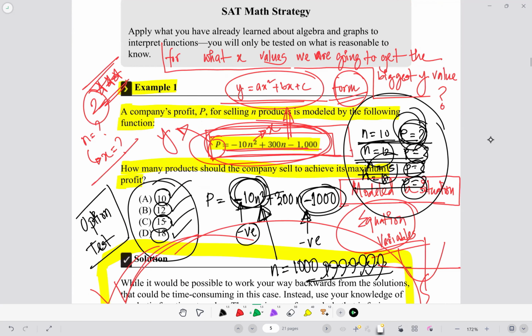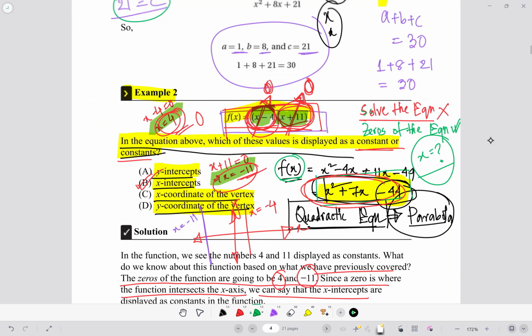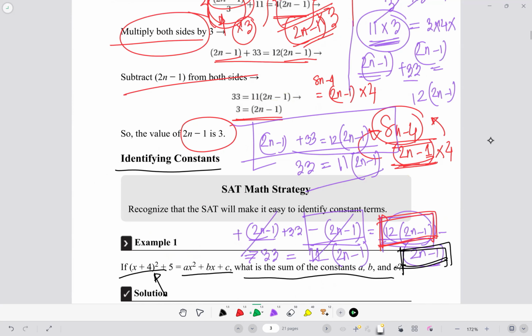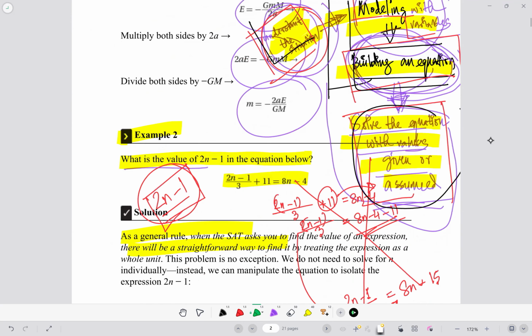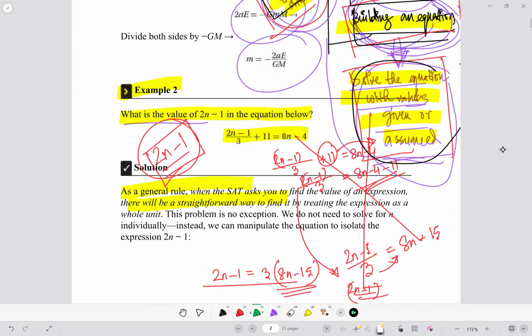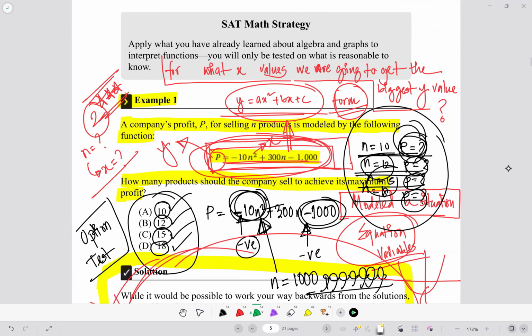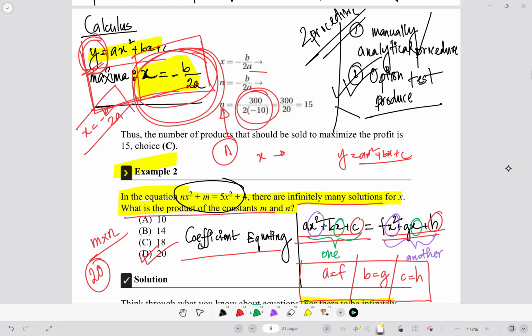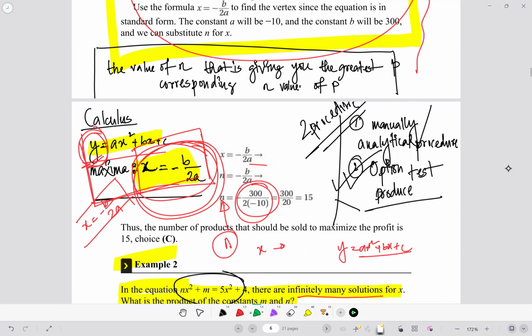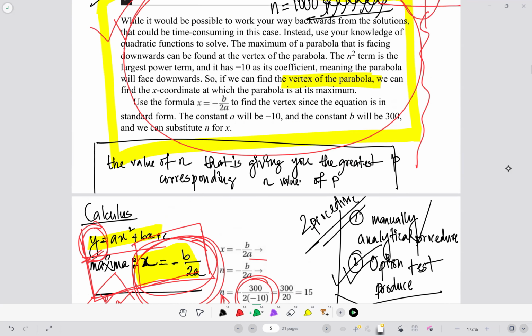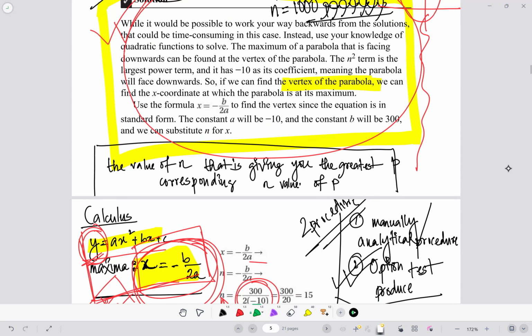I told you this is the most important chapter in SAT Math, and the most time-taking chapter to understand, because it's a tremendous chapter. Anyway, the maximum-minimum I completed here. For y equals x squared plus bx plus c, the maximum is at x equals negative b by 2a, and that value of n gives you the greatest corresponding p value.